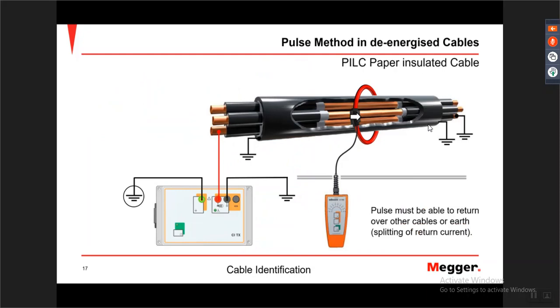Paper insulated cables: the pulse must be able to return over the other cables or through the earth, splitting the return current. If the return current is not split, then the signal will be nulled. So 100% goes out, 60% comes back, and 40% comes back through the general mass of earth.